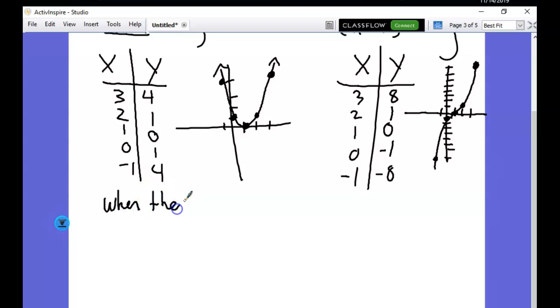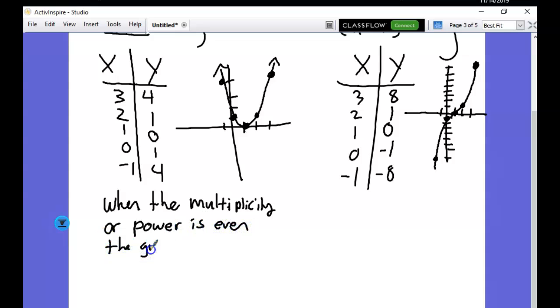When the multiplicity or power is even, the graph will bounce off the root. And when it's odd, it will go through.